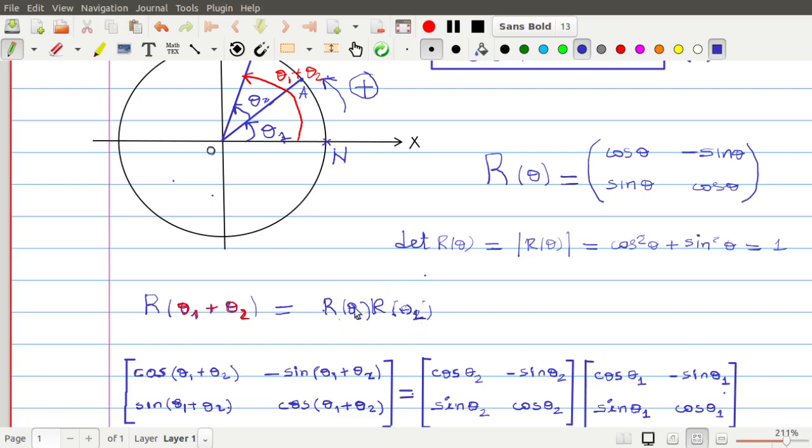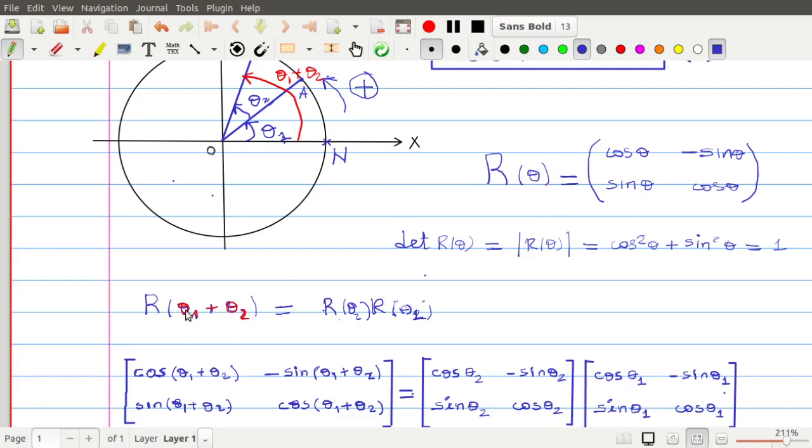So it's a product of two matrices that gives us that rotation. It's a composition.